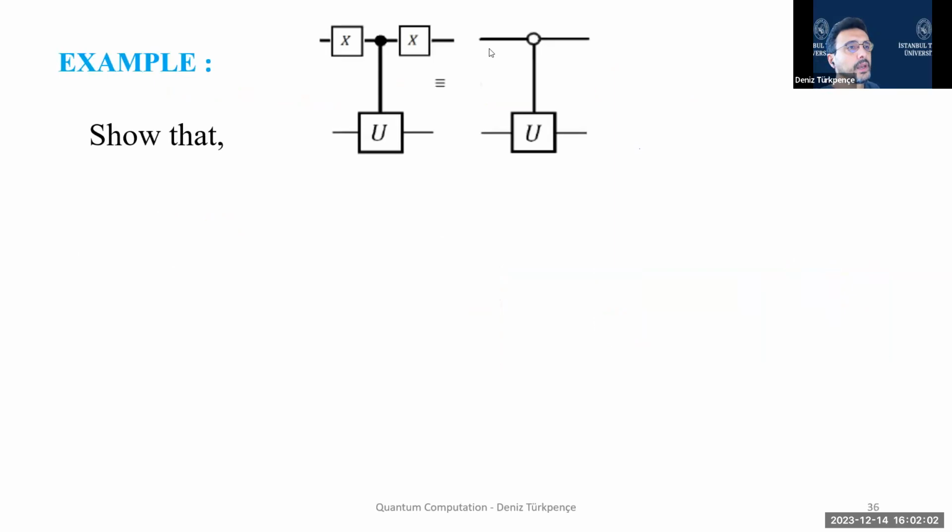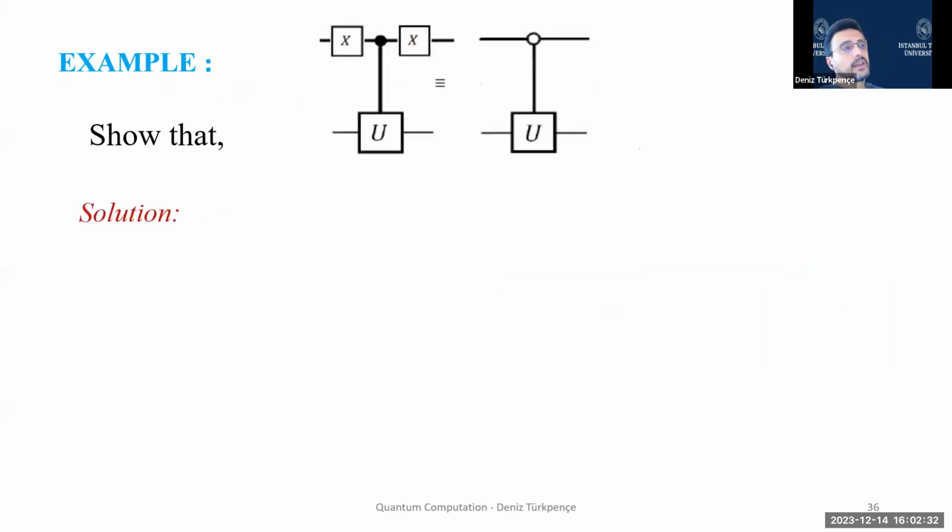Okay, and a question for circuit representation. Okay, if I have such a circuit, prove that they are identical. A control U gate with an open node control is equal to a closed node control multiplied by X gates on the first qubit.